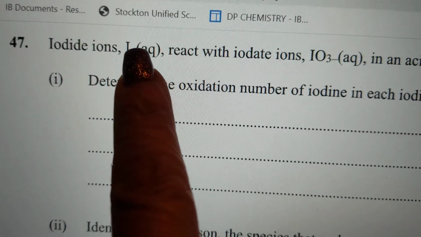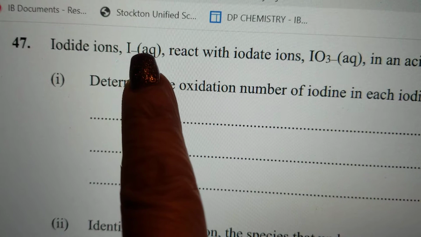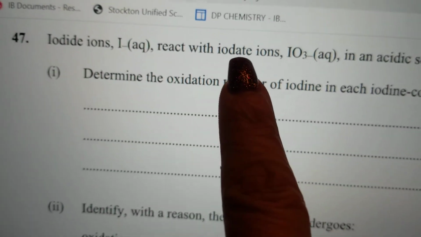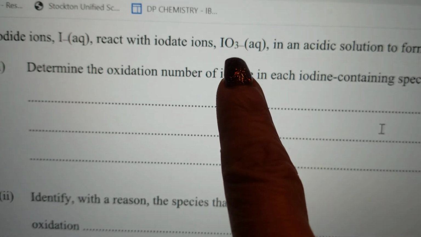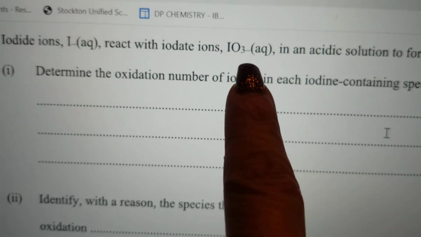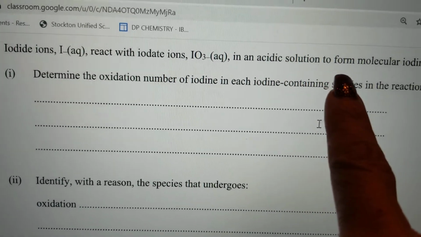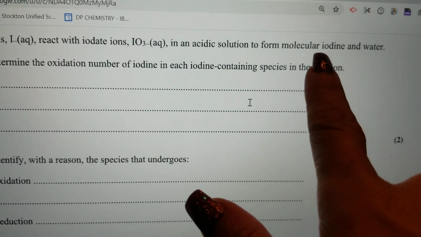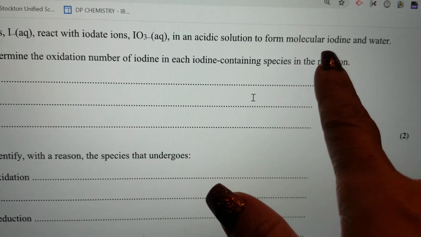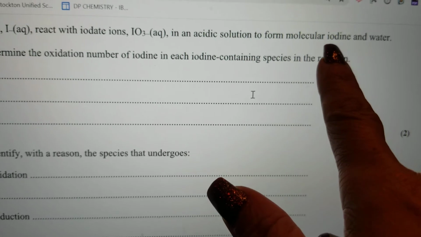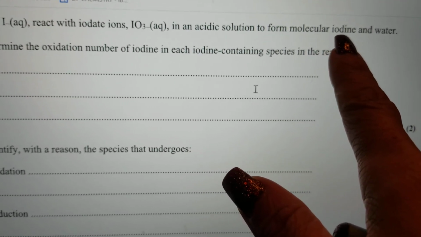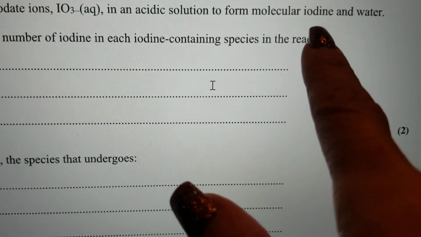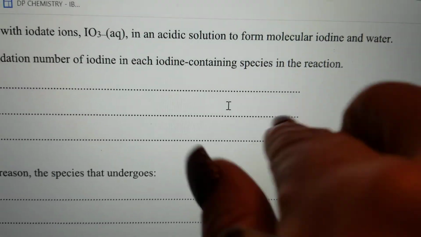It reacts with iodate ions. This is IO3 with a -1 charge also, in acidic solution to form molecular iodine. You have to know that iodine exists as a diatomic, so that's I2, and water.